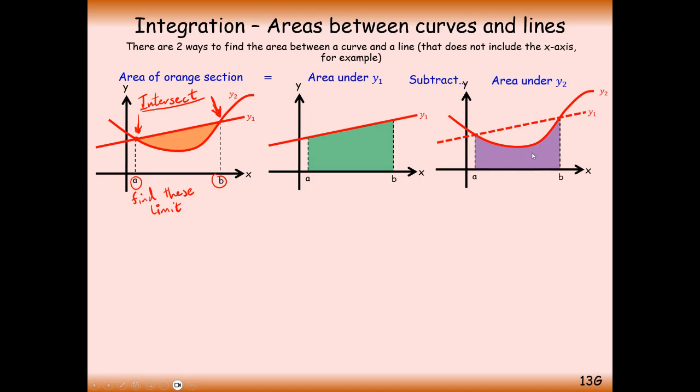So the methodology is to find the area under the upper curve and then subtract the area under the lower curve from it. You need to know which equation lies above and which lies below. Subtracting these two areas gives you the orange region.